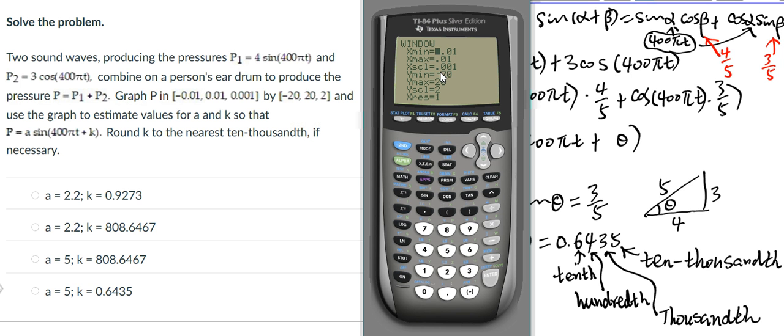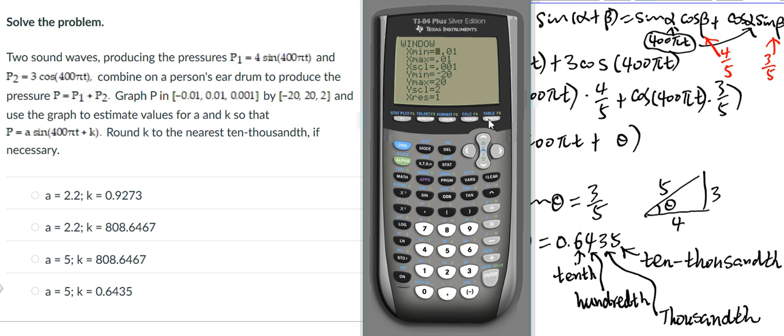The scale is 0.001. For y, you have negative 20 to positive 20, and the scale is 2. That's what it means right here.